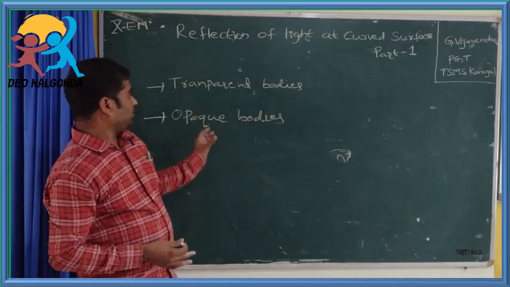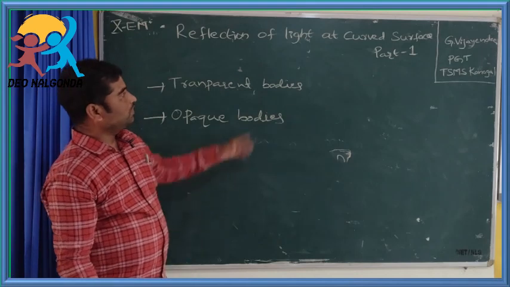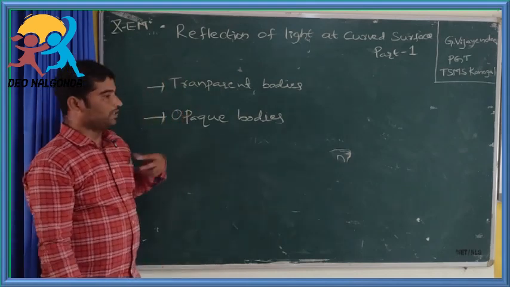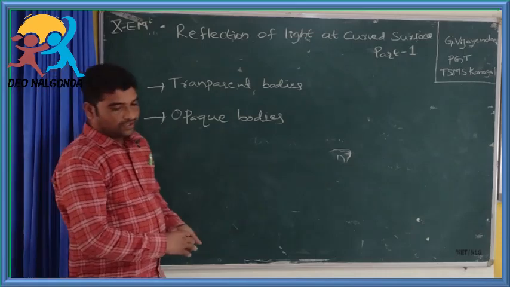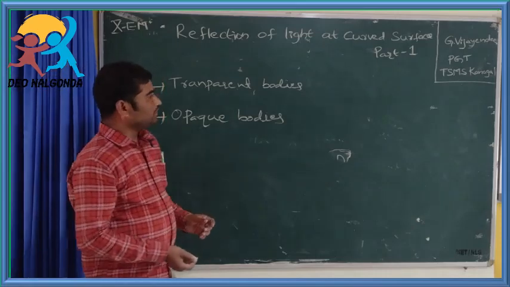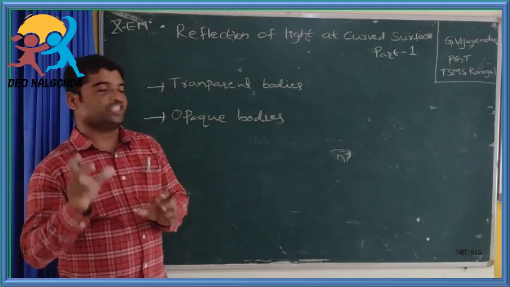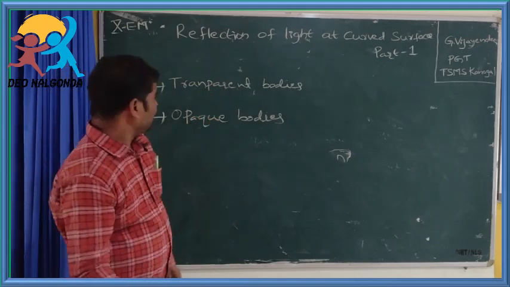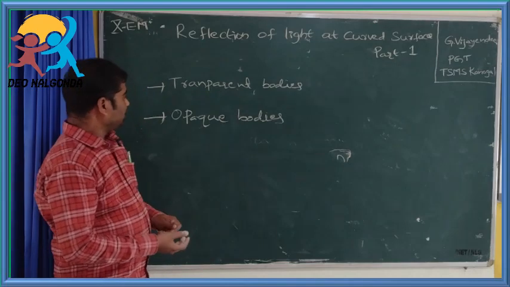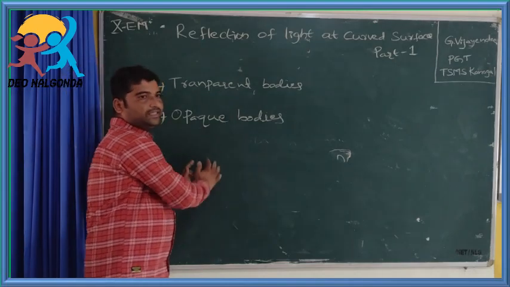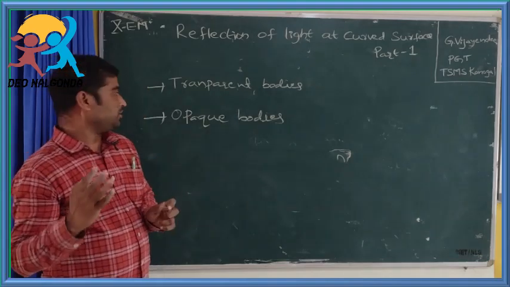Examples: wood, board; most bodies are opaque bodies only. When light falls on a transparent body, it travels through the body. But when light is incident on an opaque body, it returns back along the same path.